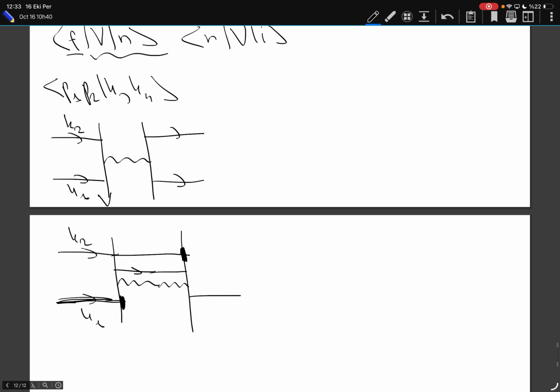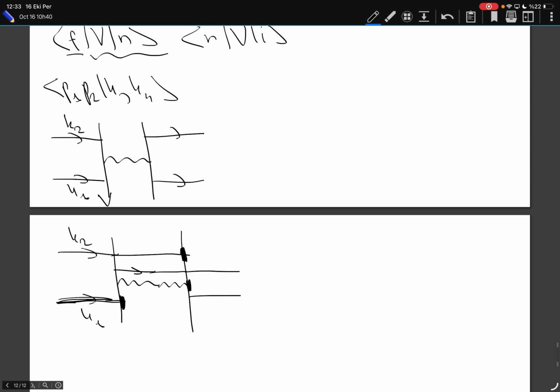These will not be touched. The photon will be annihilated. So I have two incoming particles, and there will be two outgoing particles with different momenta. This will contribute. So I have basically these two contributions.